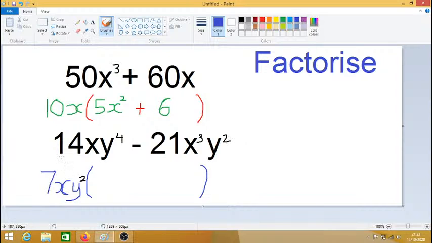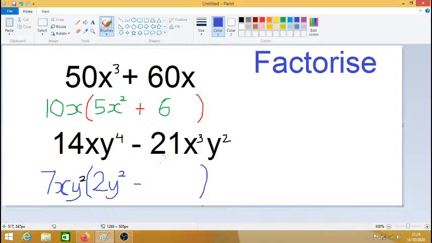So to make the 14xy to the power 4, what am I going to need? I've got 7xy squared, and I need to multiply that by 2. So the 7 times 2 will make the 14. I don't need any more x's. X's is enough. Y squared, I need to make it up to y to the power 4. So y squared will do the trick. And then comes the minus.